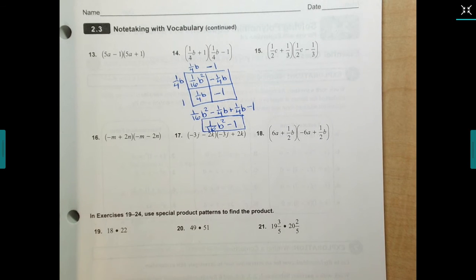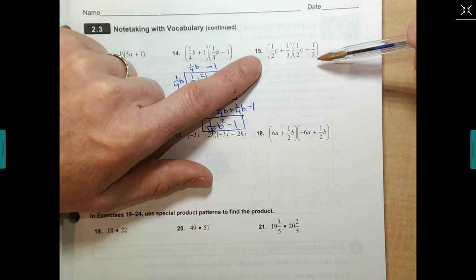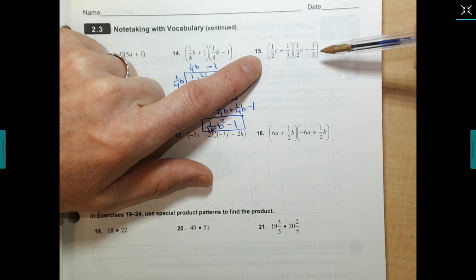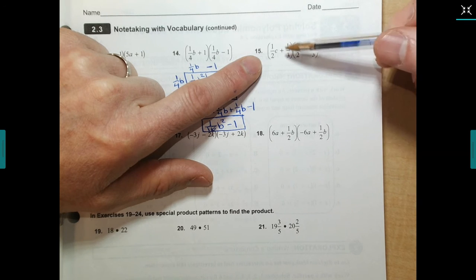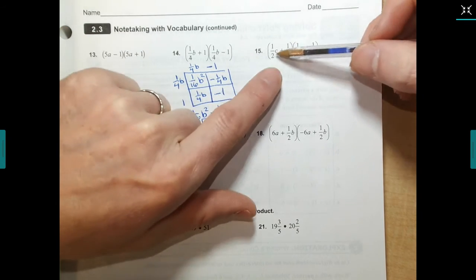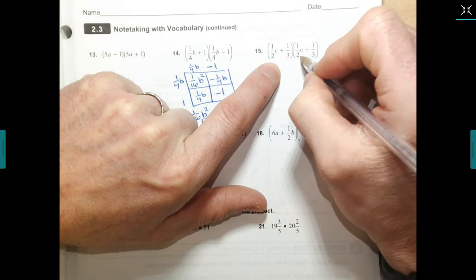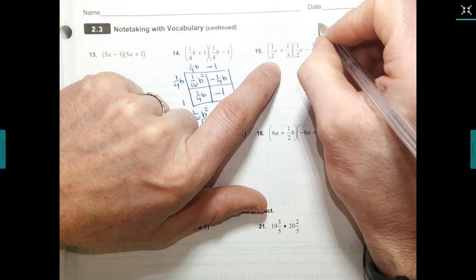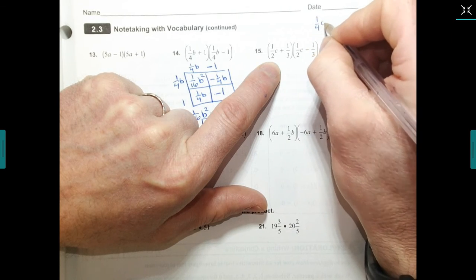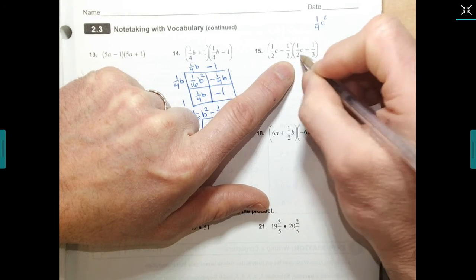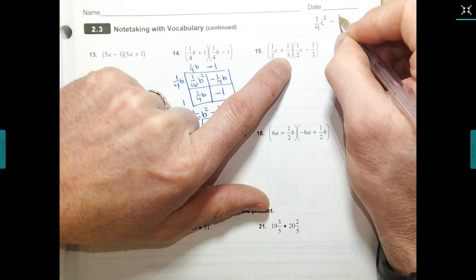Well, you know what? Why don't I take over the next fraction one for you just to show you how this pattern works. So if I look at this, I have a plus and I have a minus. So I know that my answer is going to be the first one squared. So it's going to be 1/4 C squared. And then it's going to be minus 1/9.